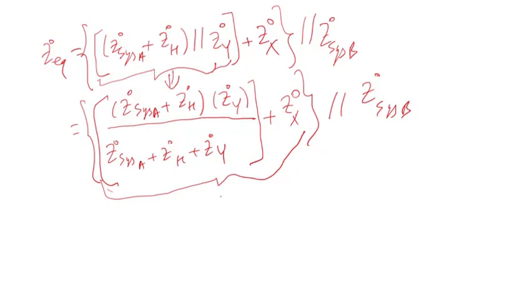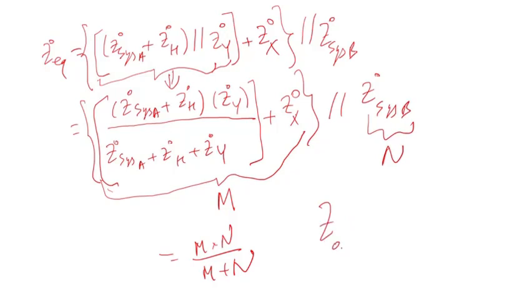Let's call this M, and this N. Once you calculate this, M is in parallel with N, so it's M times N divided by M plus N. If you carry out the calculation, you get a zero sequence equivalent impedance of 0.0139492 per unit.